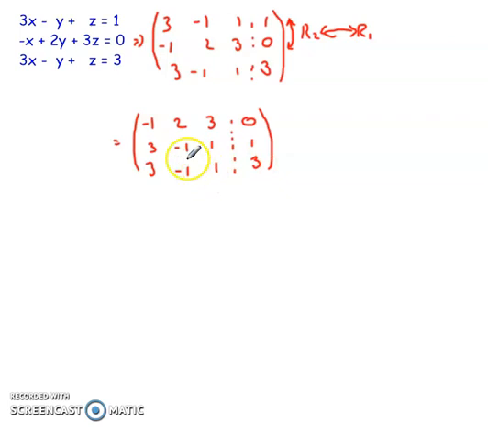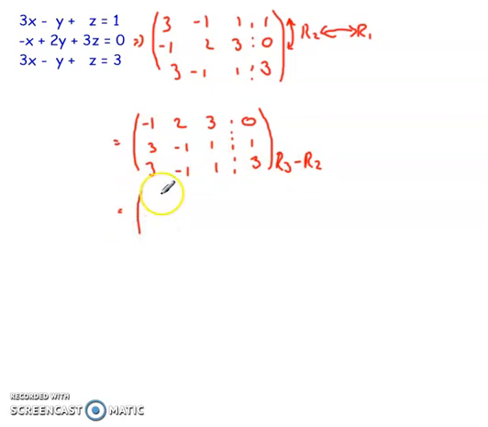But if you'll notice, the entries for the x, y, z components for both the second and third rows are the exact same. So if I were to do row 3 take away row 2, I'd start to eliminate values here.